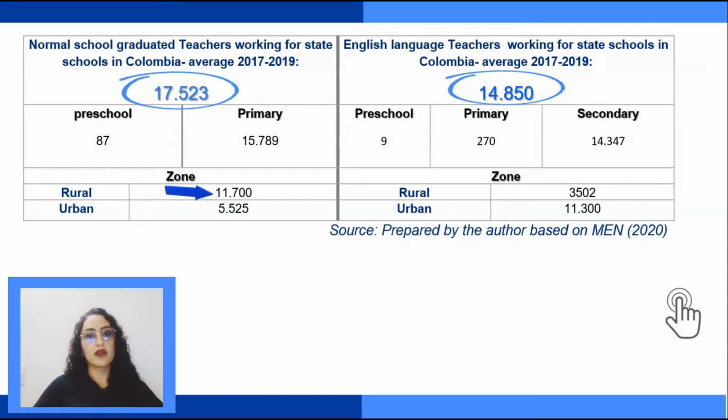As you can see, there were more normal school graduate teachers working for state schools than English language teachers working for state schools. And if there is something that we have to consider, it is that those normal school graduate teachers must be able to teach English as they teach in primary and preschool.